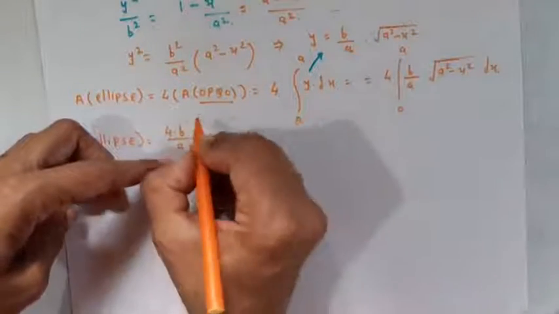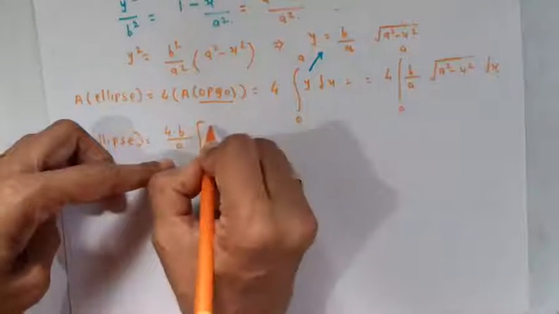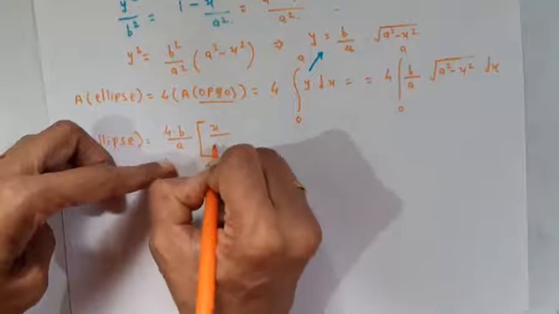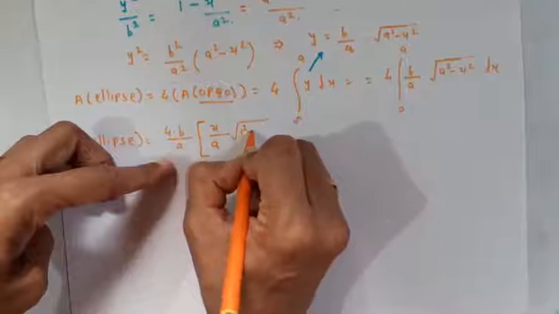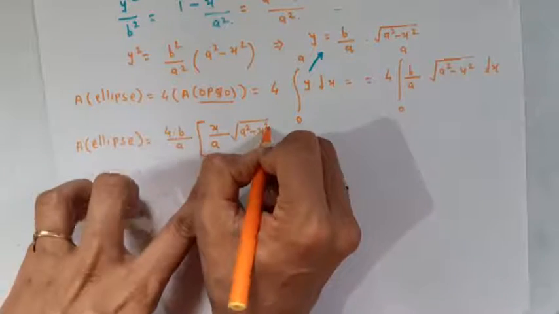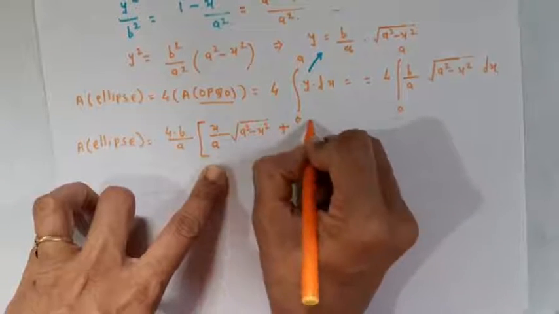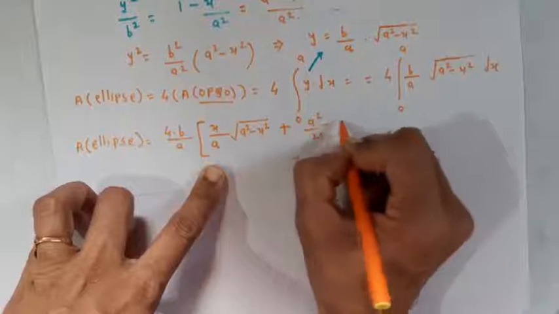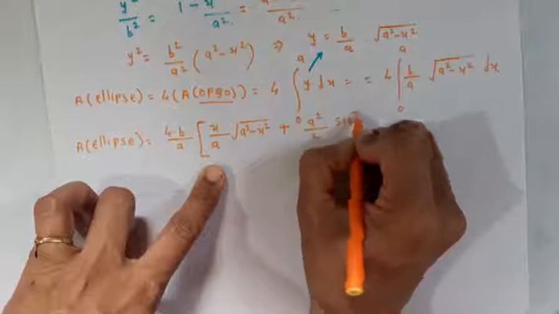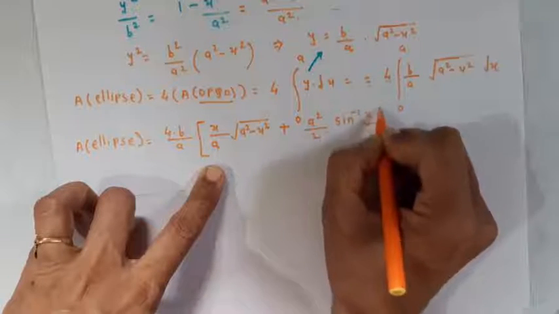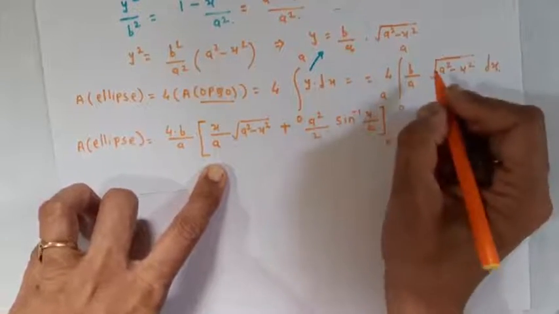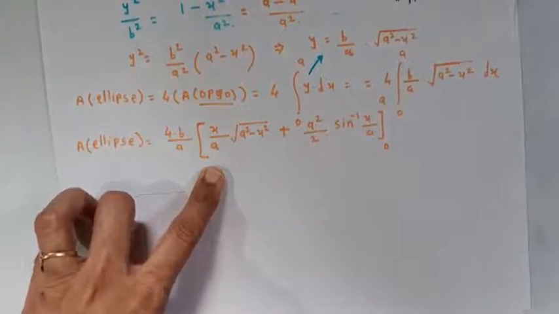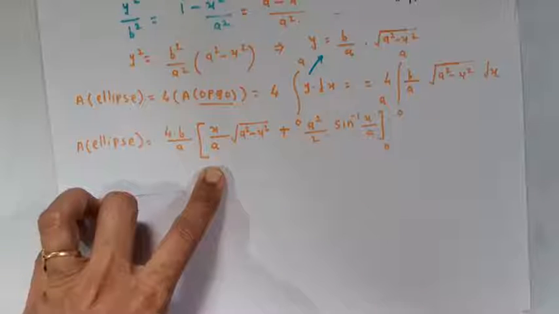by the direct formula, a special type of integral, is x upon 2 square root of a square minus x square plus a square upon 2 sine inverse of x upon a, with limits of integration 0 to a. Now put upper limit minus lower limit.